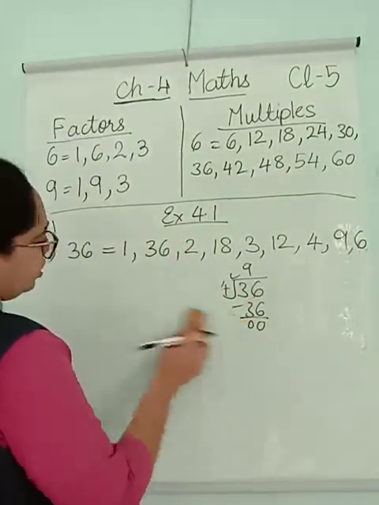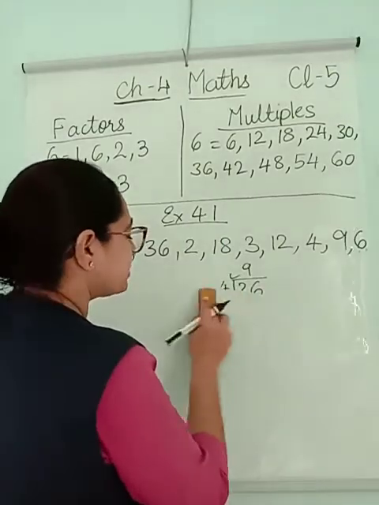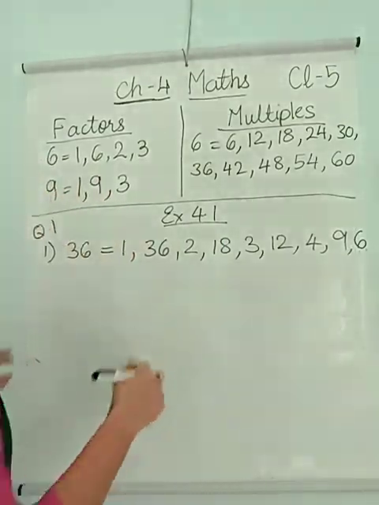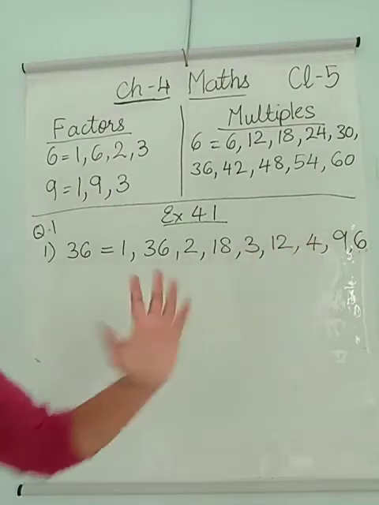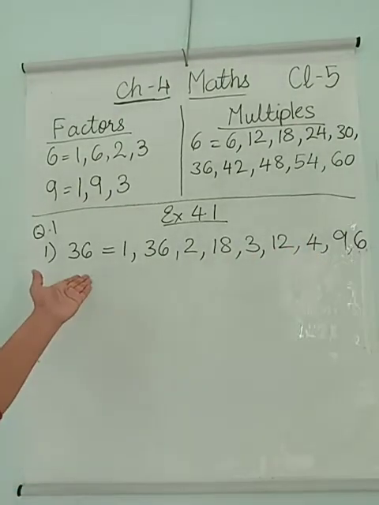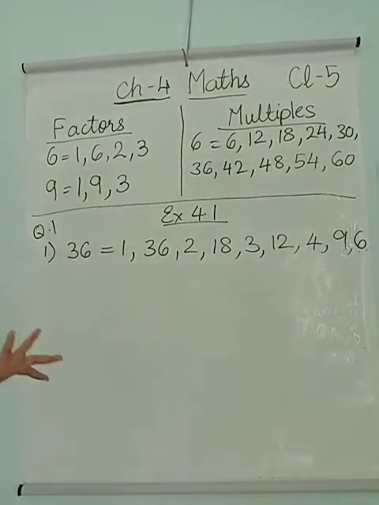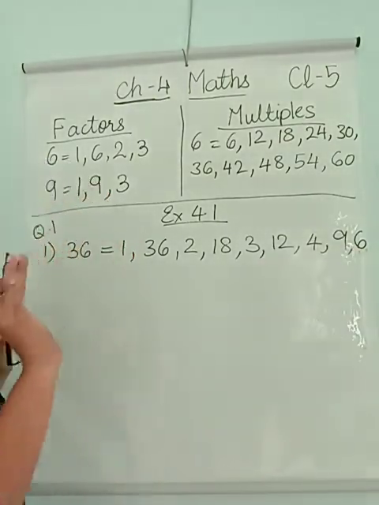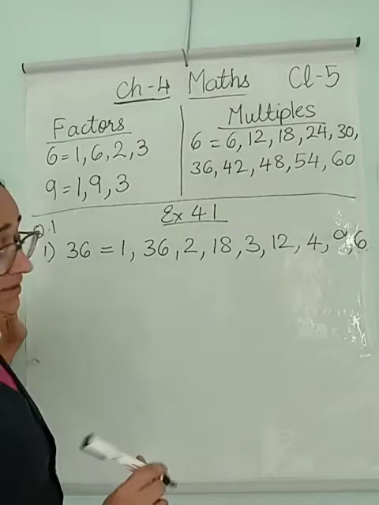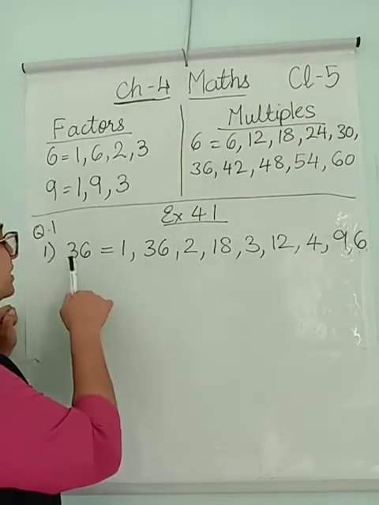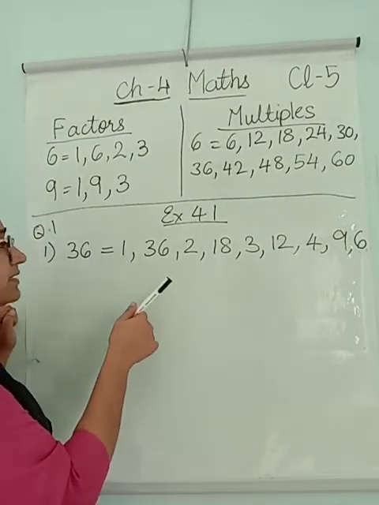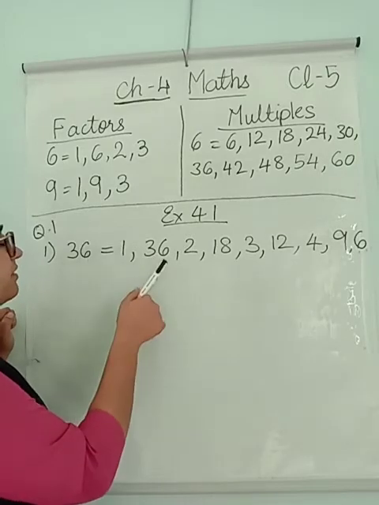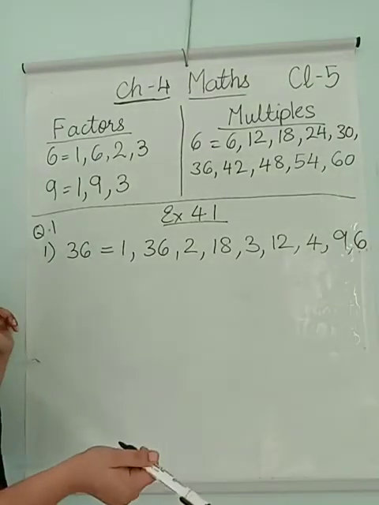7 table does not have 36. 8 table does not have 36. 9's table I have already written. 10's table I will not get 36. So done. These are all the factors of 36. If I divide 36 by 1, I will get remainder 0. If I divide 36 by 36, I will get remainder 0.